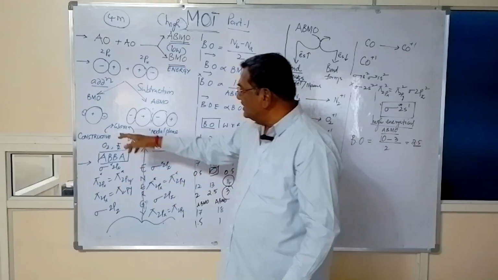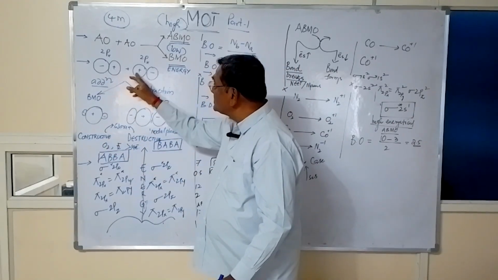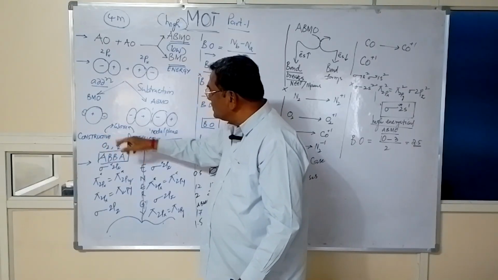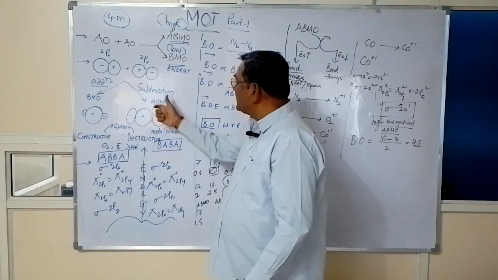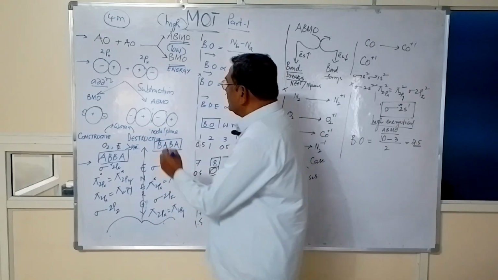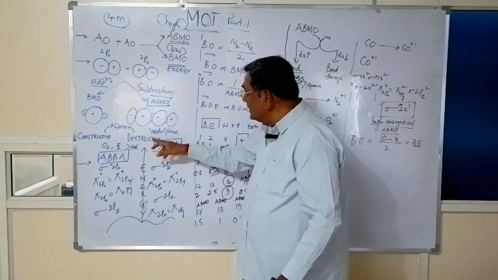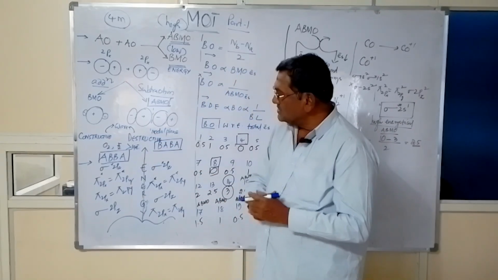Addition means constructive wave, hence the overlap is maximum and the orbital size increases. Subtraction means you are going to get the antibonding molecular orbital by destructive wave formation.